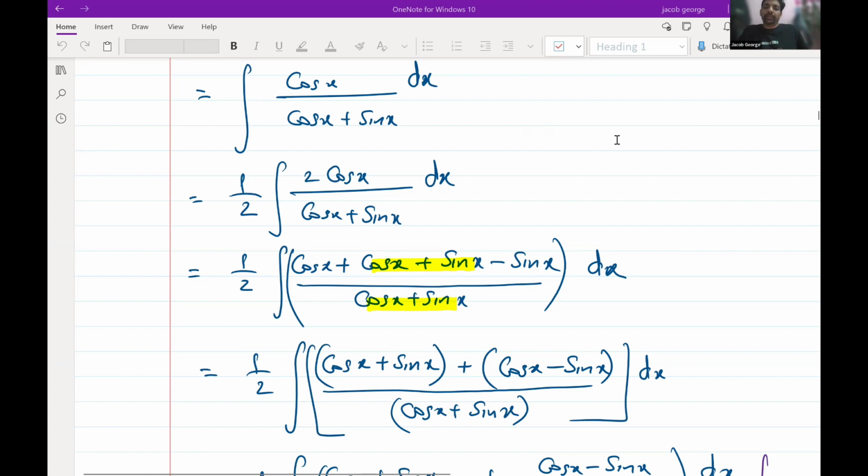Directly log mod denominator. In every question of that type we can do like that.